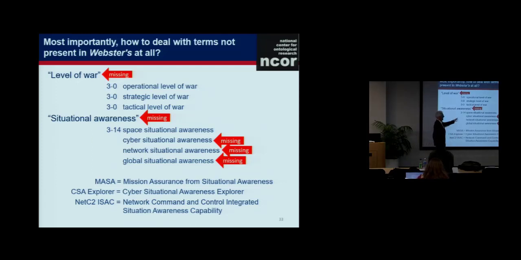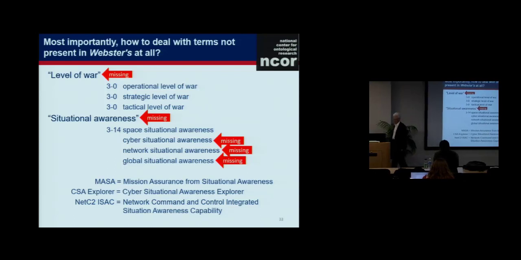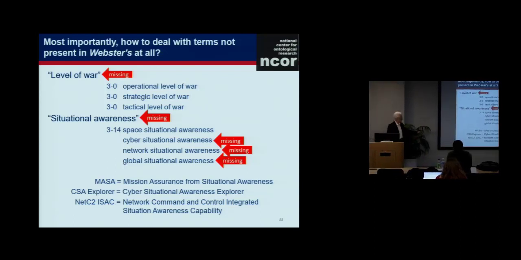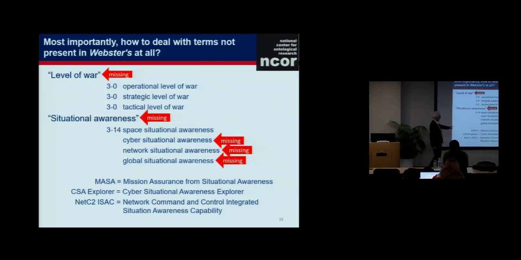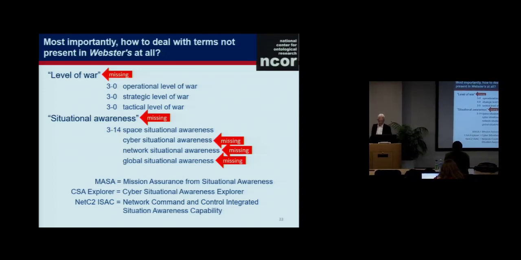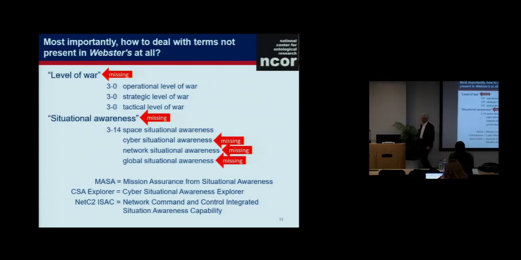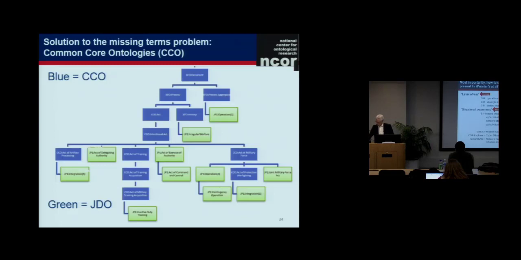But they are used. And these were the projects that we were working with when this was being put together, which had a real need for these terms. So this project was about cyber situational awareness.